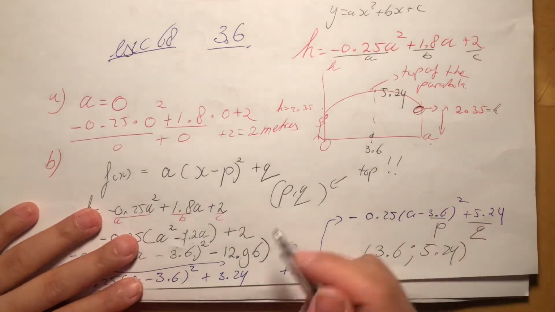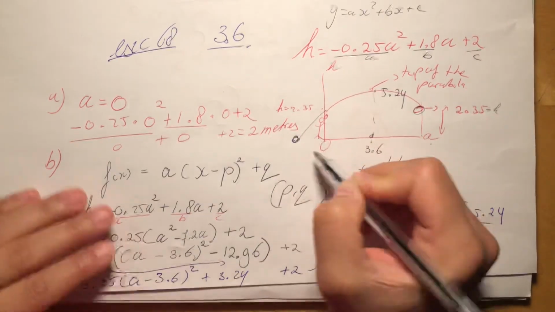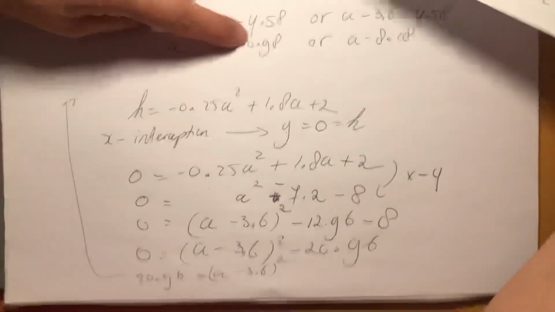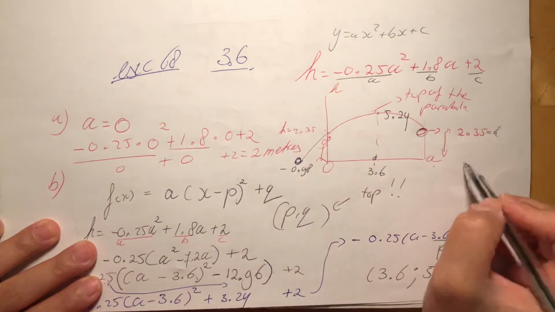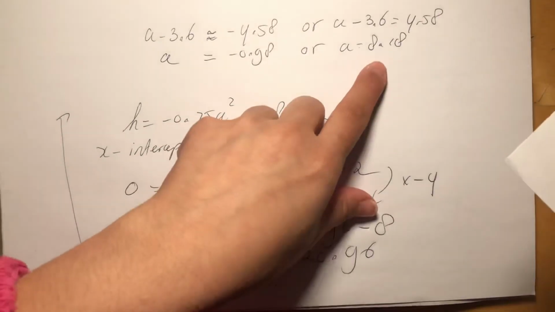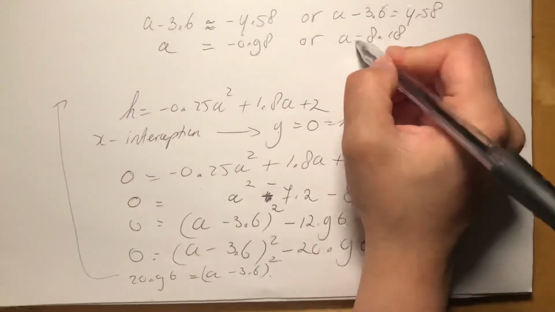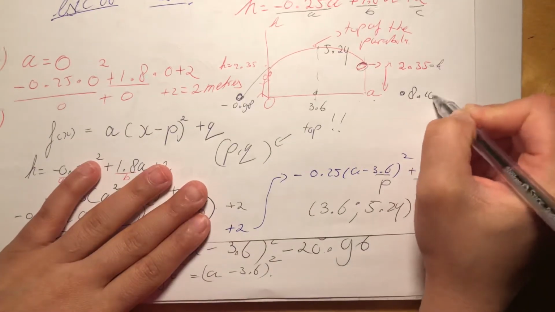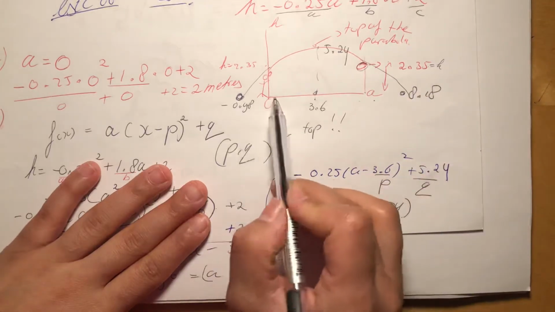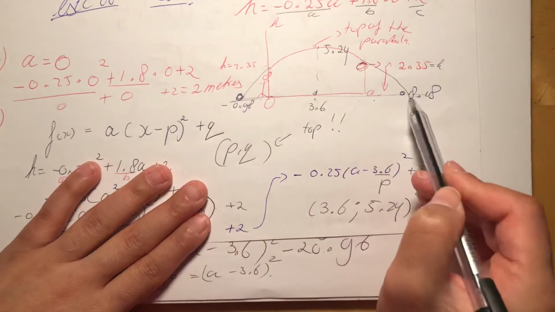Over here it intersects at a equals negative 0.98, and over here it intersects at 8.18. So these are indeed the x-intercepts.